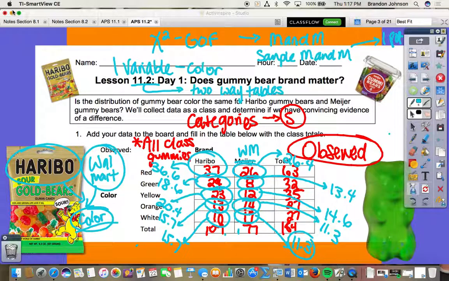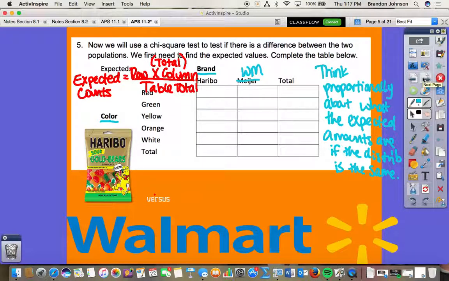So how do we solve that? Well, what we did was we took all of the numbers that were observed, and let's say we were looking for the expected value, which is the blue numbers, of the Haribo red. To do this, we take the total of my row and then total of my column.